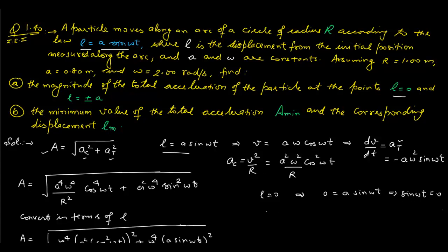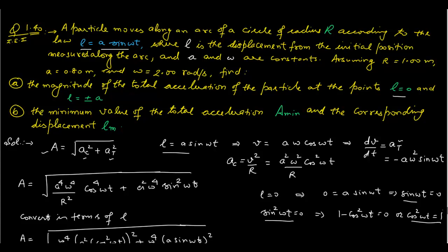Squaring both sides does not affect the situation, so sine square omega t is 0. From here you can also write 1 minus cos square omega t as 0, or cos square omega t equal to 1. So we have these two results, sine square omega t equal to 0 and cos square omega t as 1.